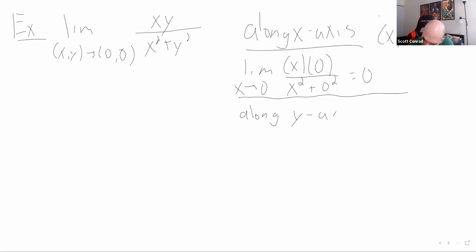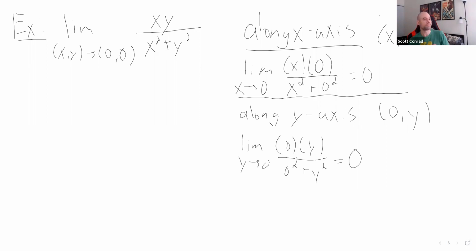And if we go along the y-axis, right, x is 0. So the points are of the form (0, y), because x is 0. So plug in x equals 0, y equals y, and take y to 0. So we get 0 times y over 0 squared plus y squared.